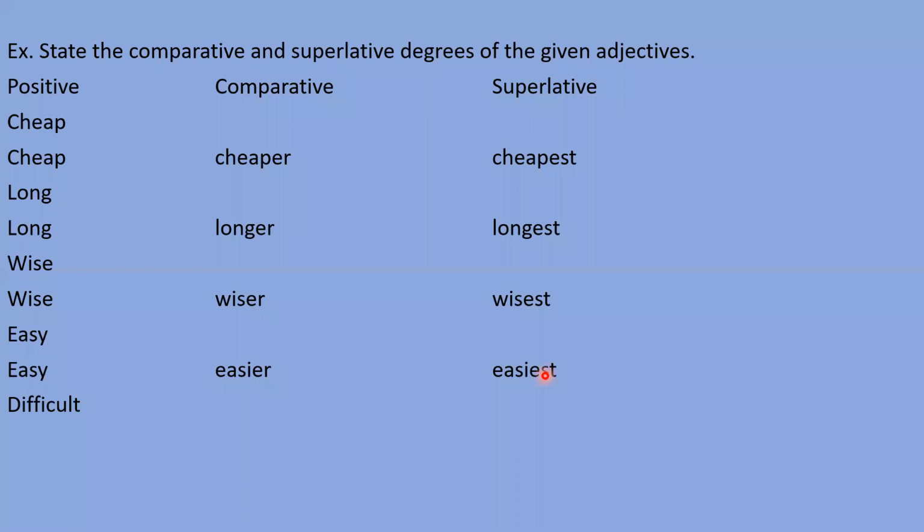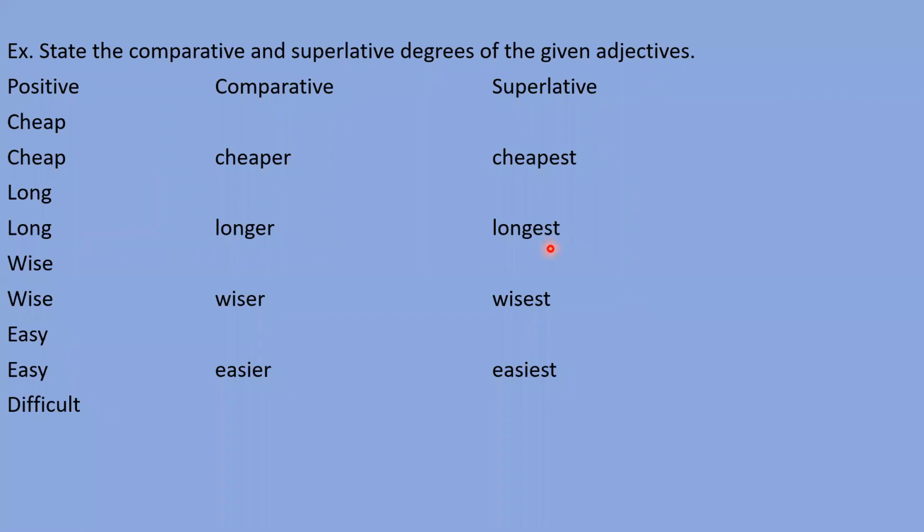Okay. Next, difficult. Two syllables are there. So what can be the comparative and superlative degrees of difficult? Who will let me know? Raise your hand. Ayush, you please tell me.